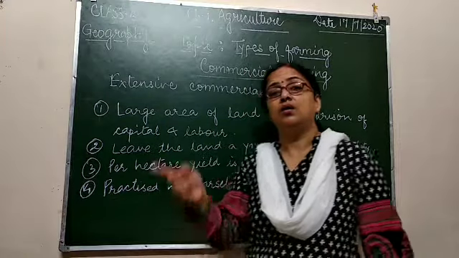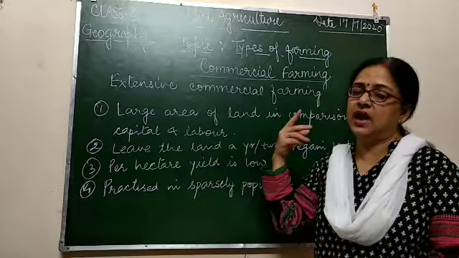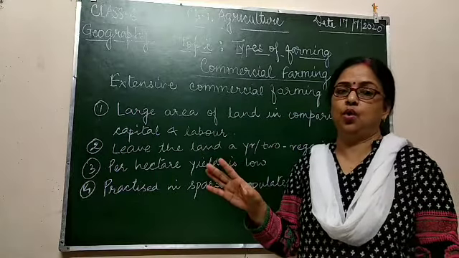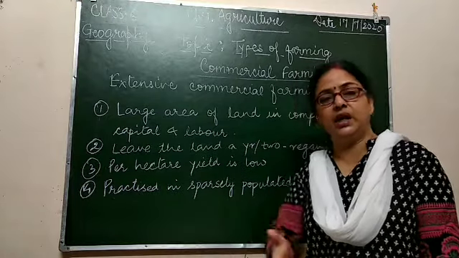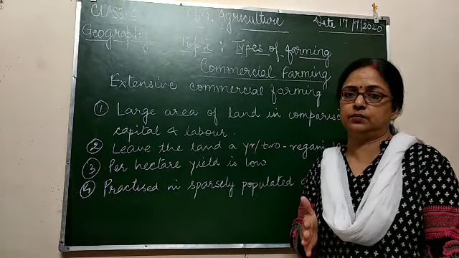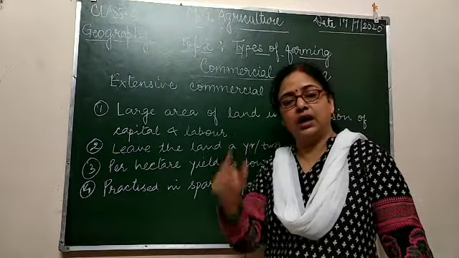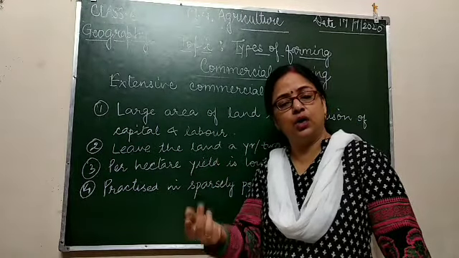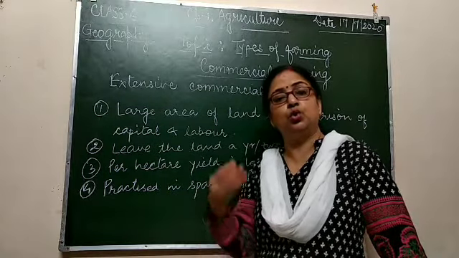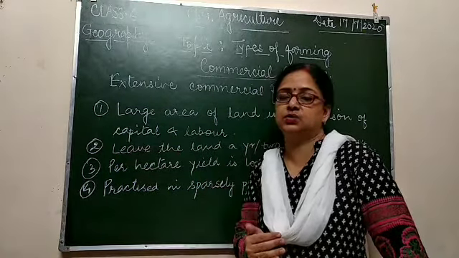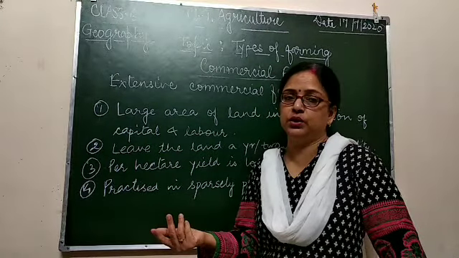Secondly, the land is left over for a year or 2 years to regain its fertility. When we grow crops again year after year, soil loses its fertility. So to regain its fertility, they leave the land for a year or 2 years.